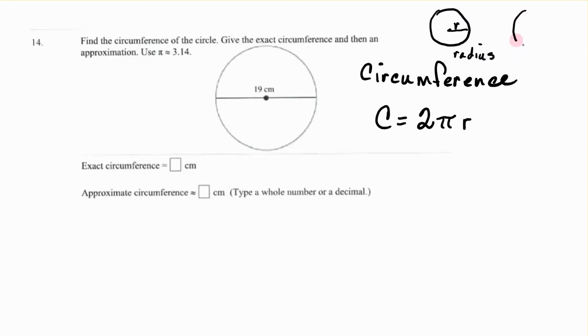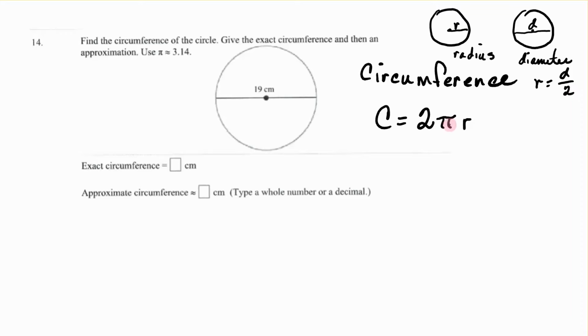In a circle, all the way across through the center is the diameter. And I think it is pretty obvious that the radius is the diameter divided by 2. And we might need that before we finish.